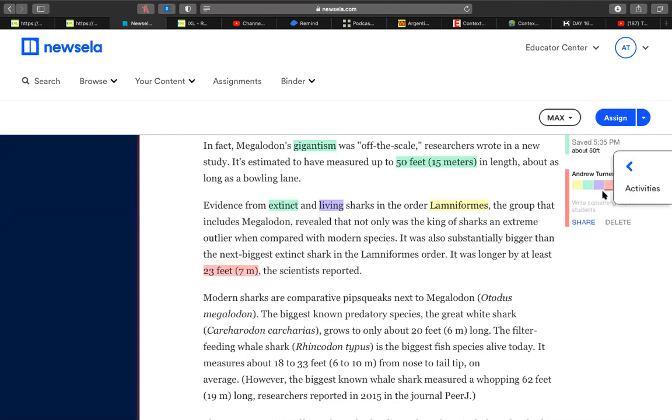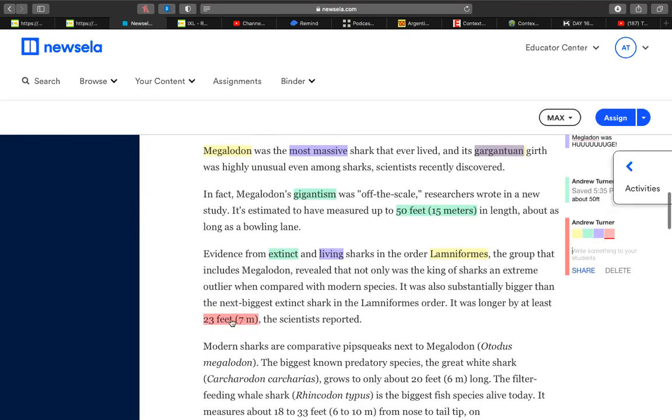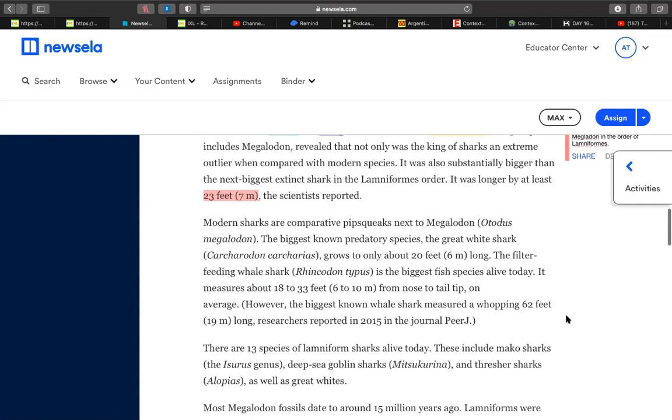All right, so again, just re-emphasizing, you see all the numbers, you see gargantuan, you see off the scale, you see gigantism, you see the different numbers here. Again, this thing was huge. I guess it's in the family, in the order, which is a science word, of Lamniformes. Okay.